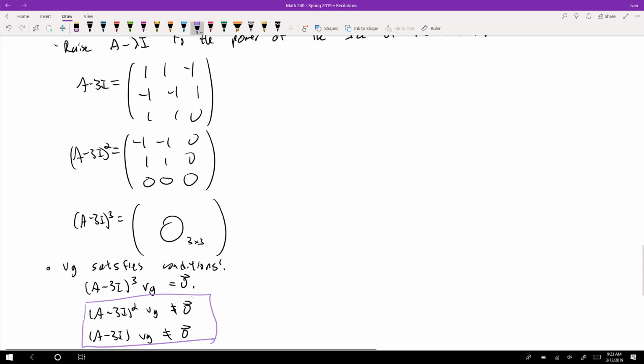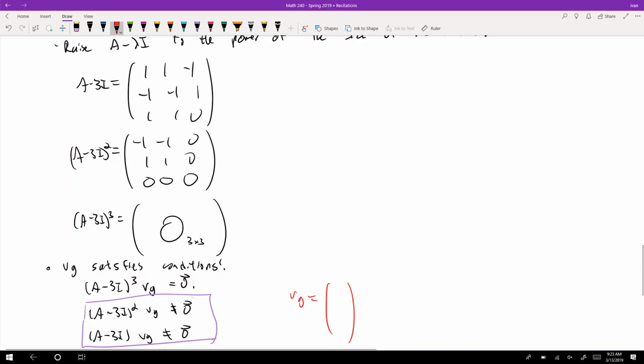Okay? So in this case, what should vg be? Any ideas? Here are my three matrices that I'm really concerned about, and I need this generalized eigenvector to satisfy these three conditions.